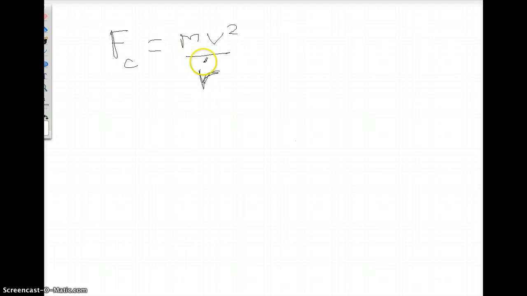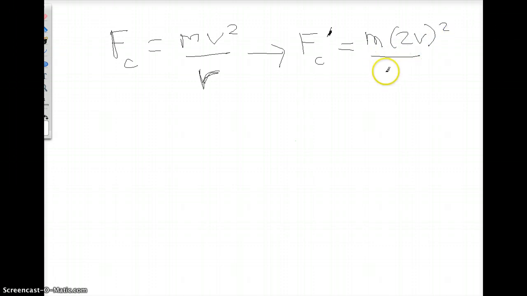If those things don't change, but the velocity is doubled, so this new force, let's just call it Fc prime, has a velocity that is now doubled. What result is that going to have on the force as a whole? Well, anytime we change velocity, we're actually changing it by this square amount.